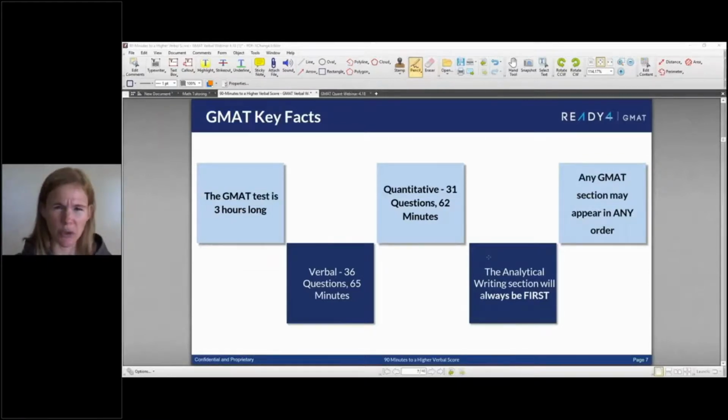you can actually choose when to take the analytical writing section. It is not always first, as it says on the slide. What you should always do on the GMAT is choose to take the most difficult part for you first. So if verbal is easier for you, you should take quant first, and if quant is easier for you, you should take verbal first. The reason is that you want to be very focused when you're taking the part that is your weakness.